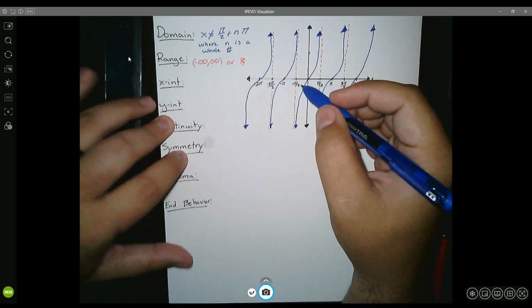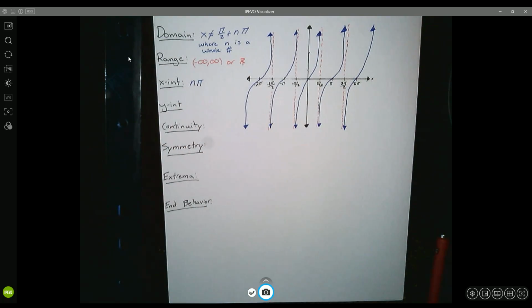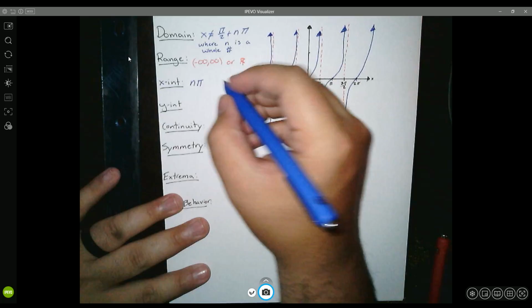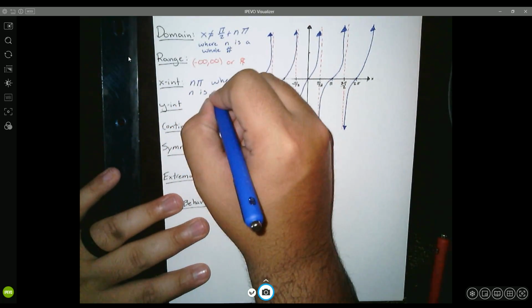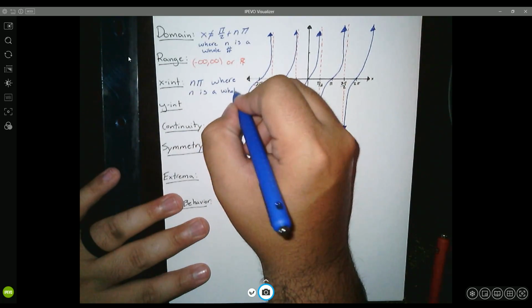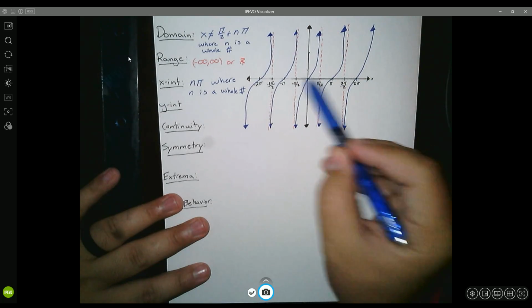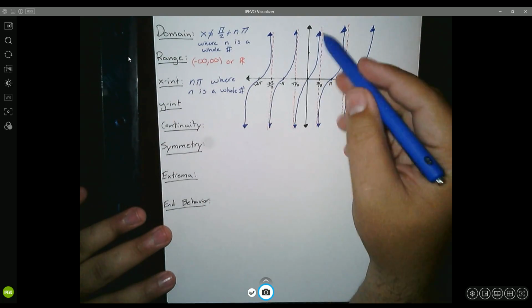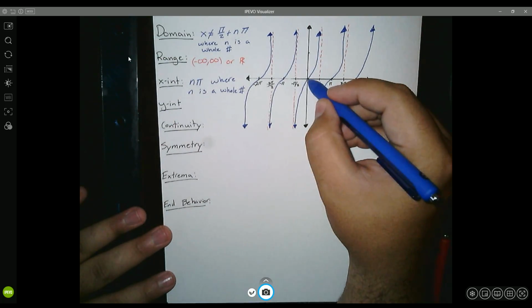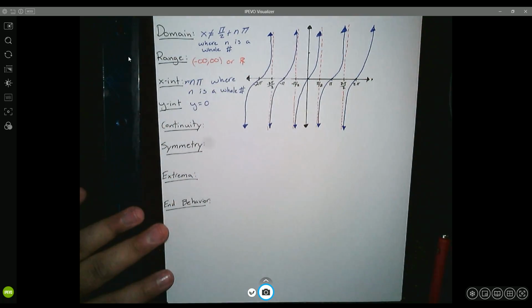What we say for that one is n pi, where n is a whole number, and that's just saying n can be 0, 1, 2, negative 1, negative 2, and so forth. That's how we can get that function. Y-intercept. The y-intercept is where we cross the y-axis. We only cross the y-axis at one point, which is here. So y is equal to 0. We can actually say x is equal to 0 right about there.